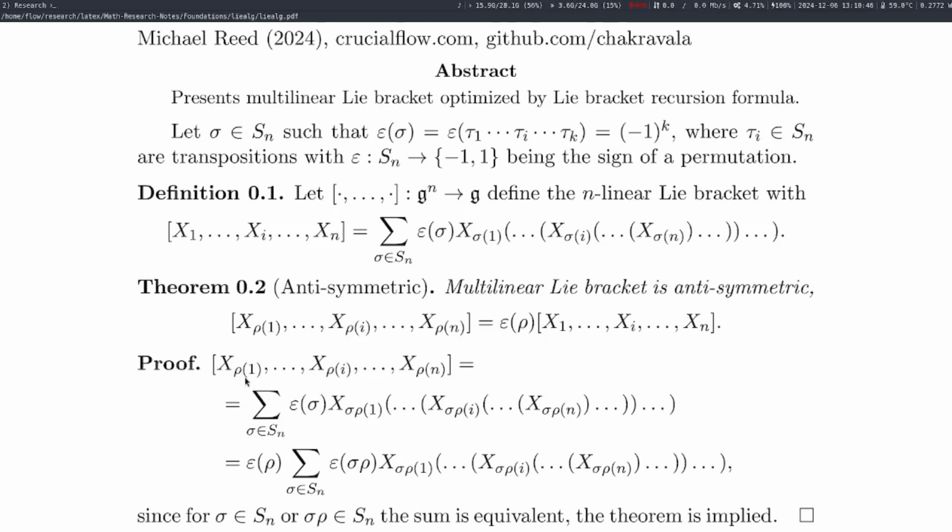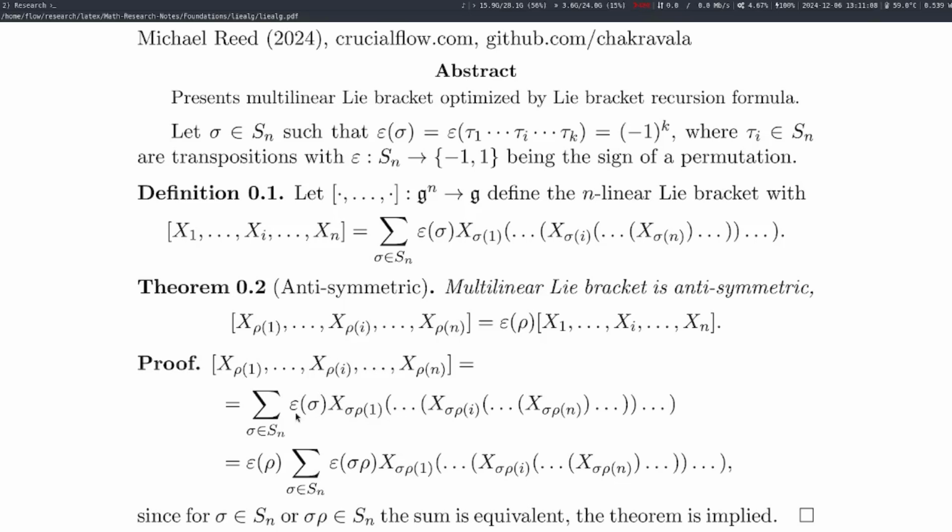So we take the permutation and we can just compose them like this. Now we have sigma rho. Now we apply definition 1, but we apply it to the composition of sigma with rho.